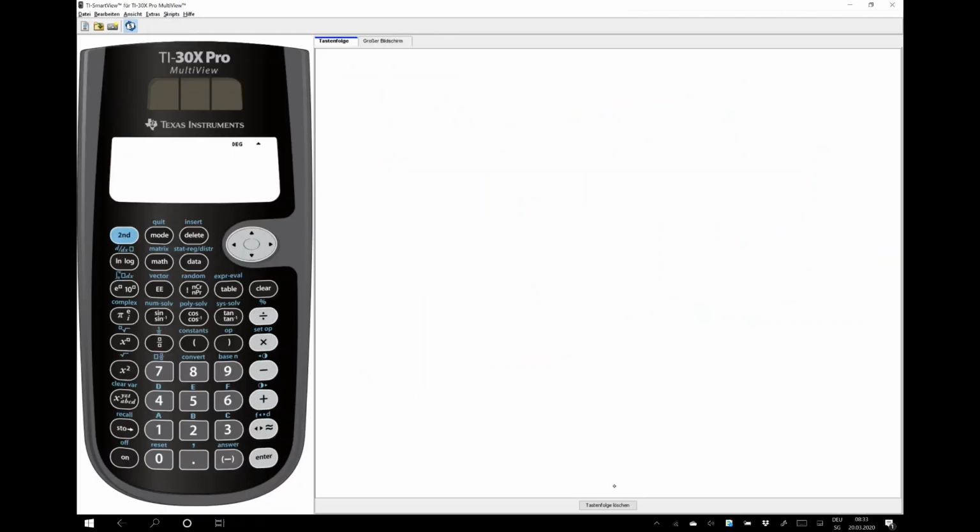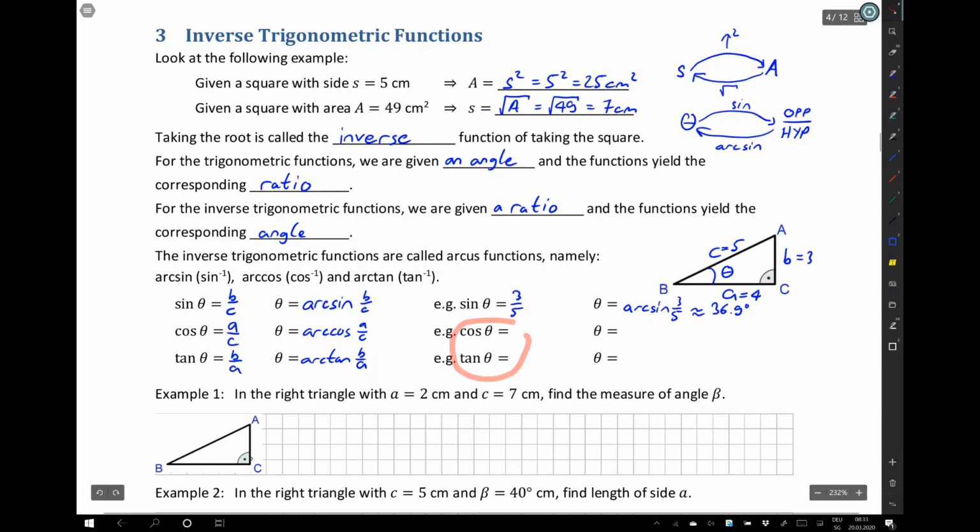Here is how to use the calculator. So we need the sine to the power of -1 of 3 divided by 5, and we get 36.9, which means 36.9 degrees.